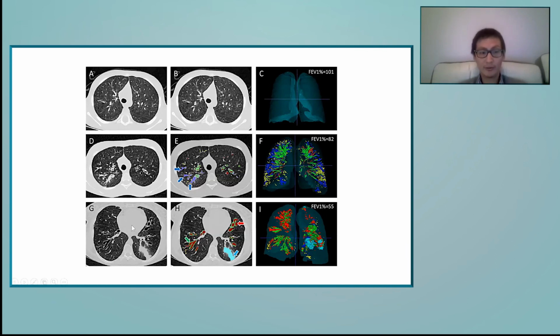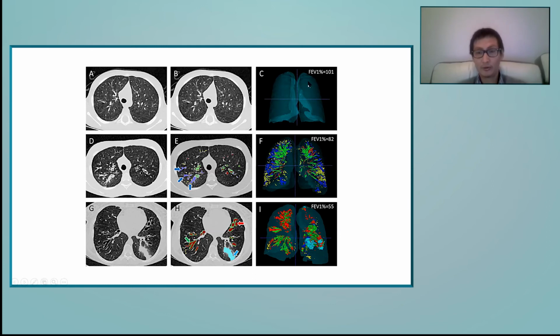So these are the three images that I showed you previously, and the AI was applied over the full set. It was a 2D segmentation, but we applied it to the full set of 2D slices over a CT scan to reconstruct 3D images. So this patient had no detected abnormalities.